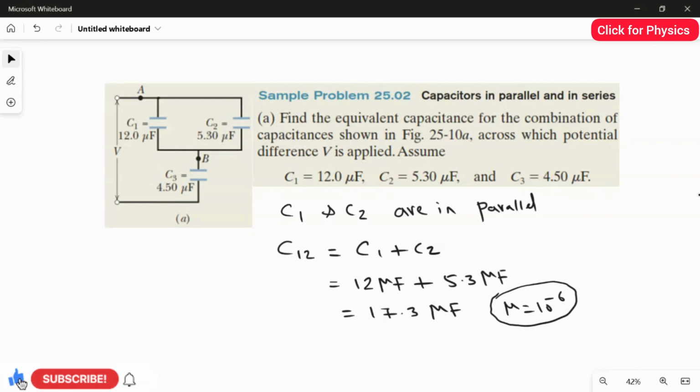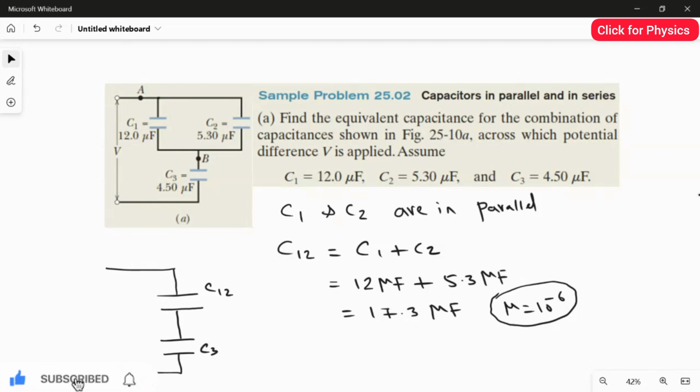So what is this value? The value is a combination of C1 and C2. Now, if you draw the diagram, how will your diagram look? Your diagram will look like this: this is C12, and then we have one more, which is C3, and across these two we set a potential V. Clear?